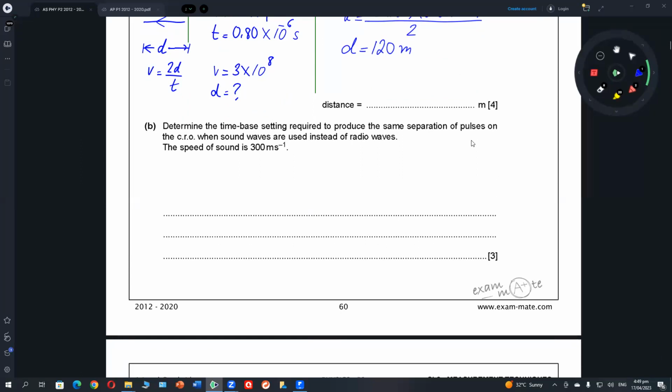So when it was 3 into 10 to the power 8, I had 0.02 microsecond per centimeter. So when I make it 3 into 10 to the power 2, which is the speed of sound, I make it x.